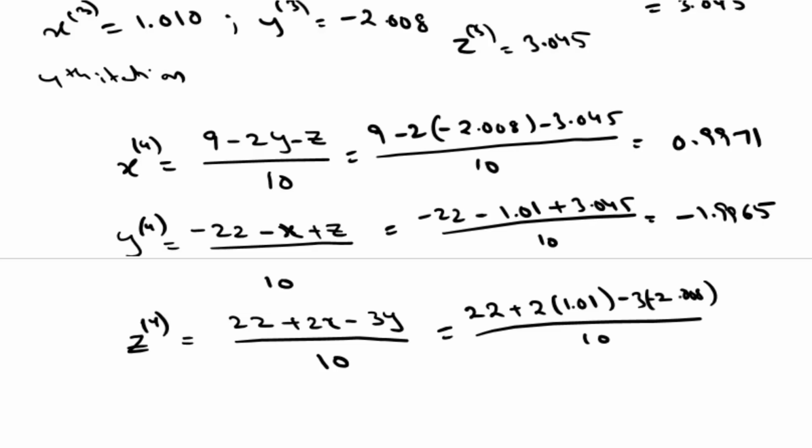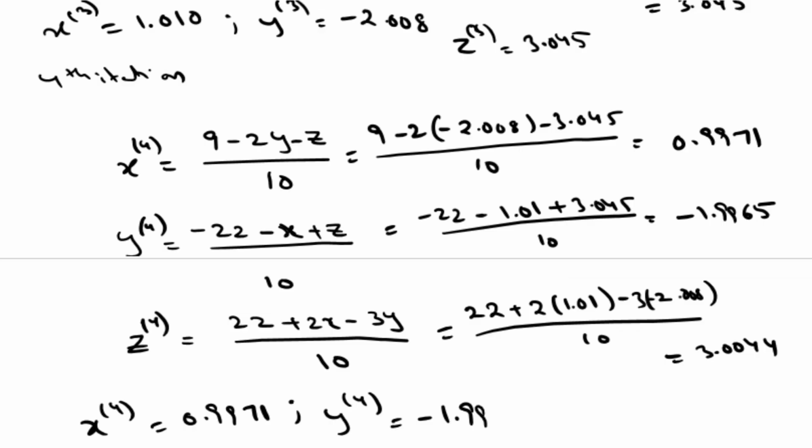You can get 3.0044. The values for the fourth iteration are x is 0.9971, y is minus 1.9965, z is 3.0044.